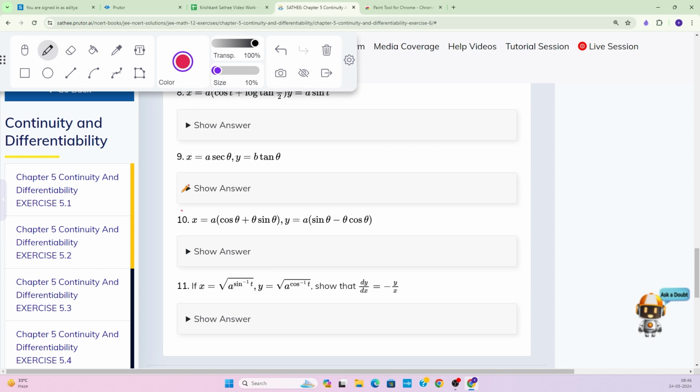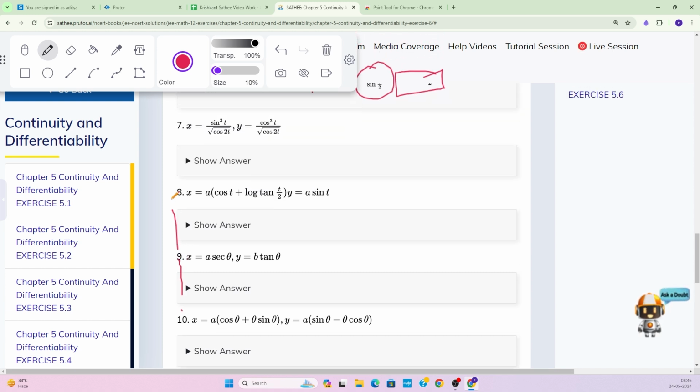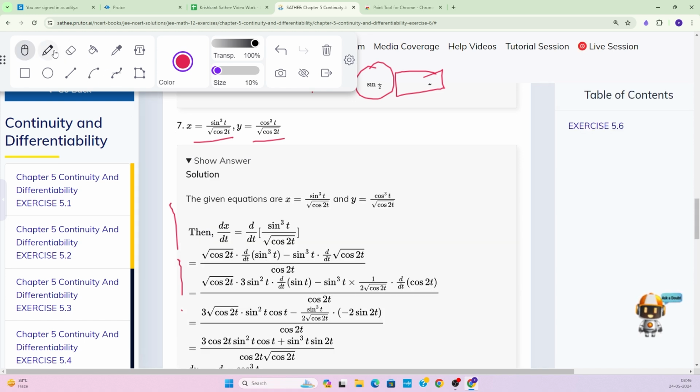Problem number 7. X is given in this form, y is given in this form. So your differentiation will be as you can see. Let me show you. dx by dt will be the differentiation of this thing with respect to t.